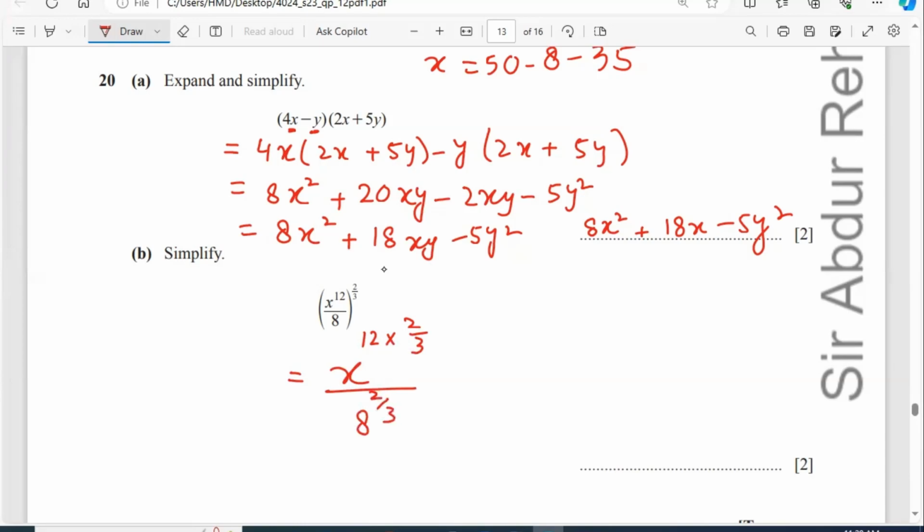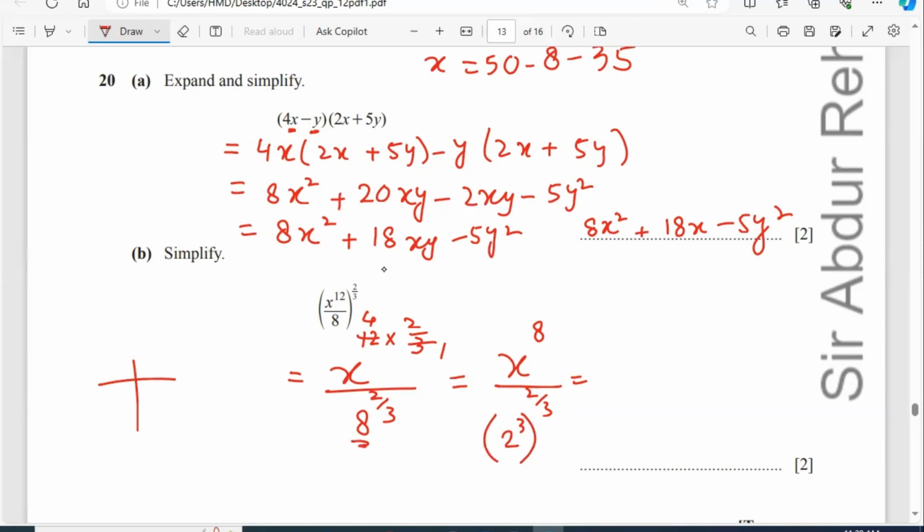So 3 on the 3, 3 for the 12, x raised to power 8 over 8 raised to power 2 over 3. It is better not to write 8, write 2 raised to power cube. 8 is 2 raised to power cube.